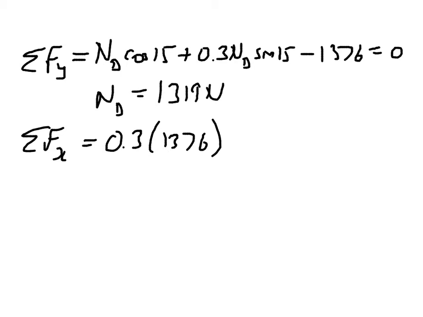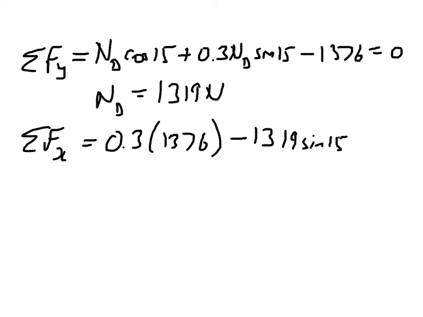The sum of the forces in the X we can then do is 0.3 times 1376, which is 0.3 NC, it's the frictional force, minus 1319 sine 15, which is my X component of the contact force in the X direction.